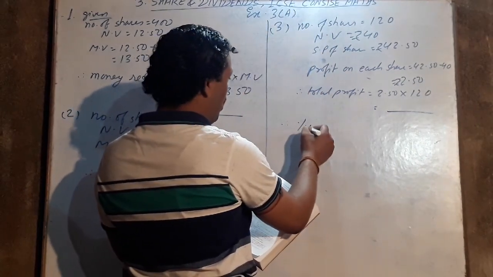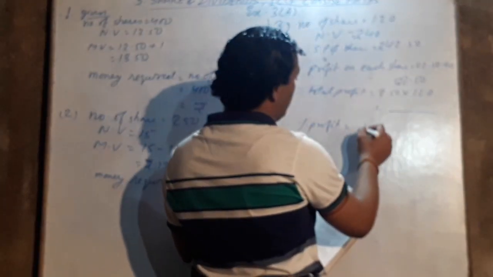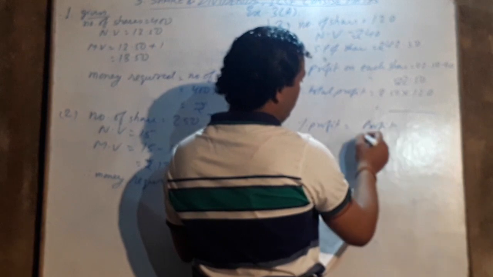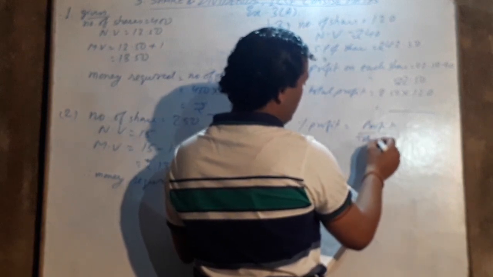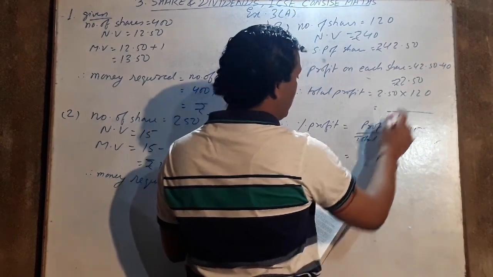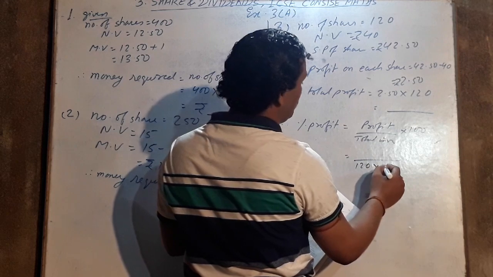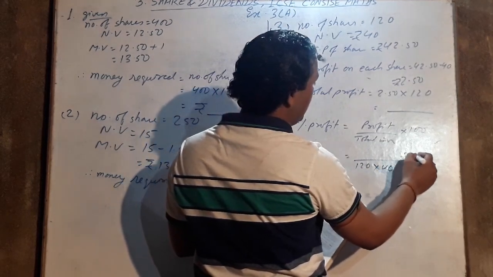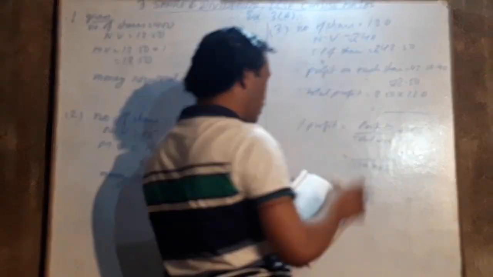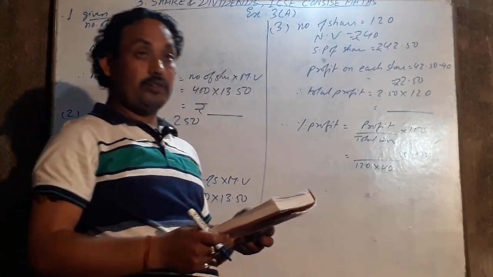Therefore percentage profit is equal to profit by total investment into 100, that is, profit you will get from here. Total investment will be number of shares into cost of each share. We'll solve like this.